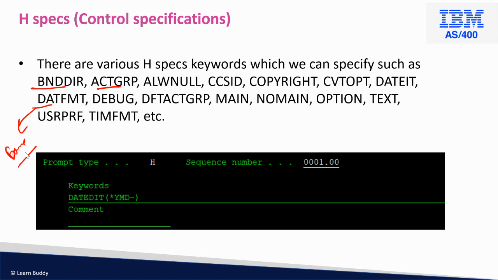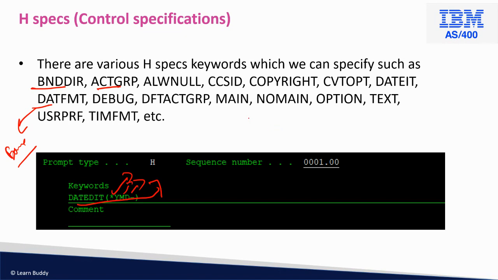That you can do by mentioning the date format in the H specification, giving the format you want. Okay, here I can see the date edit. So when I do a date edit, it should be in *YMD format. So that I'm controlling in my program.